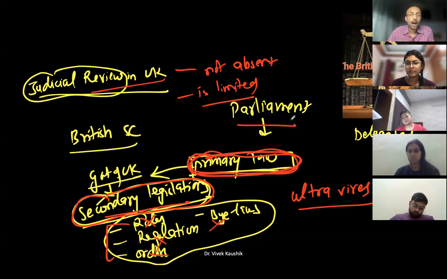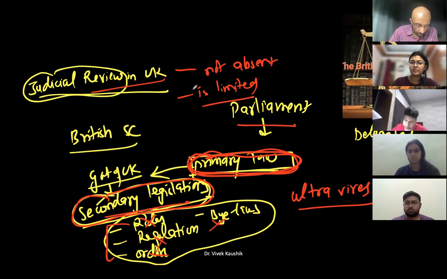But if a government rule or order or policy has done something which is violating my basic rights, freedoms, liberties, then I can go to British Supreme Court, and it can protect me. It means in Britain if citizens' rights are violated by the British administration, then yes, they can knock the doors of judiciary and get their rights protected. But if the rights and liberties of British people are violated by Parliament, then the Supreme Court will be helpless.